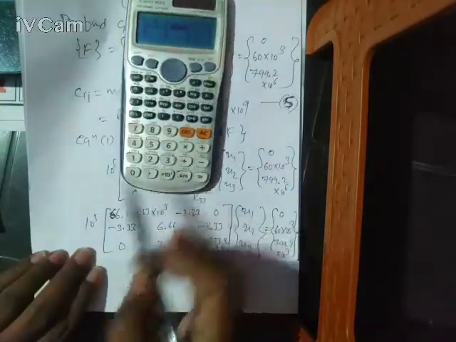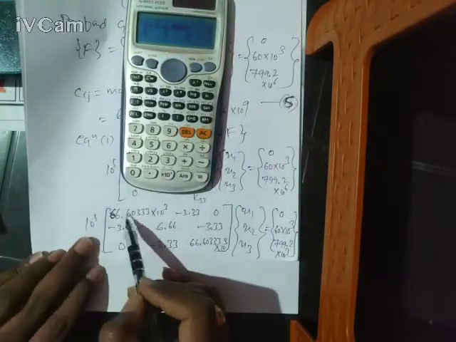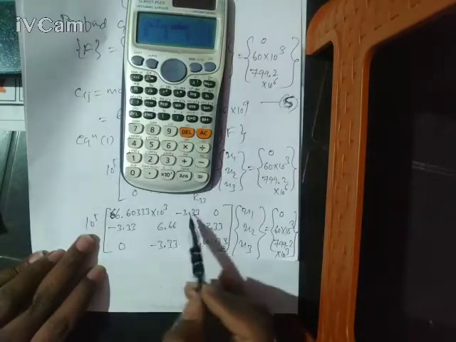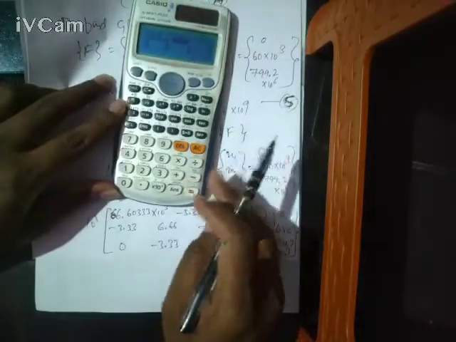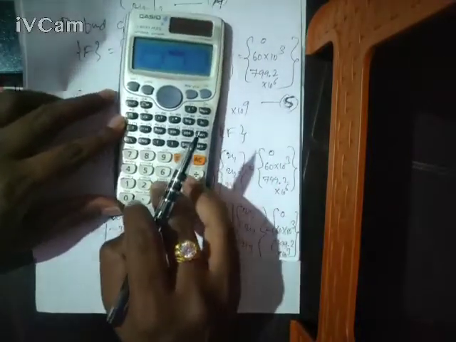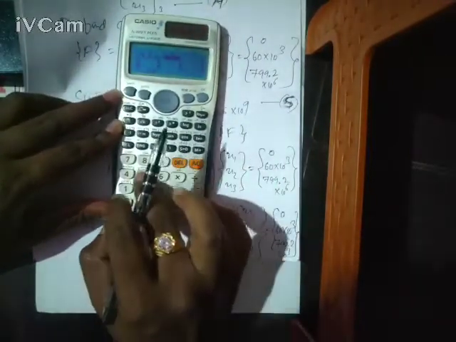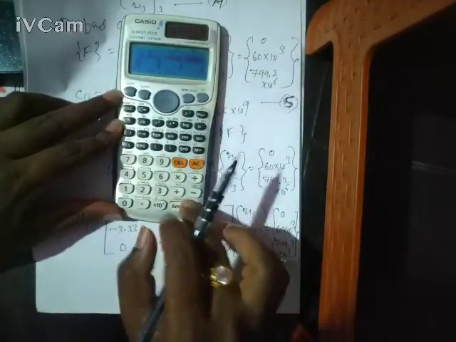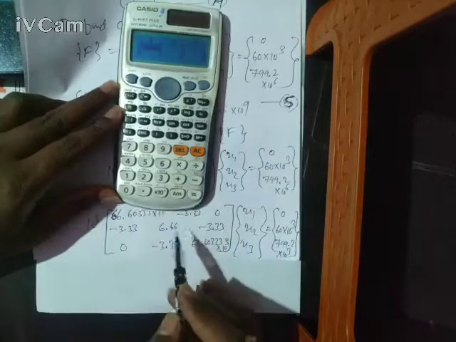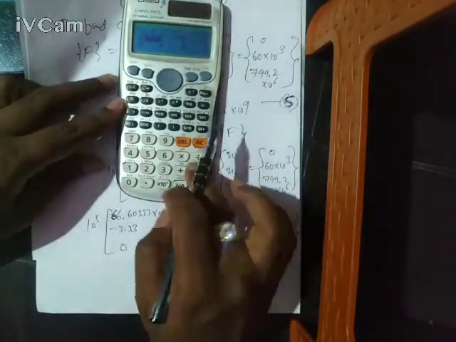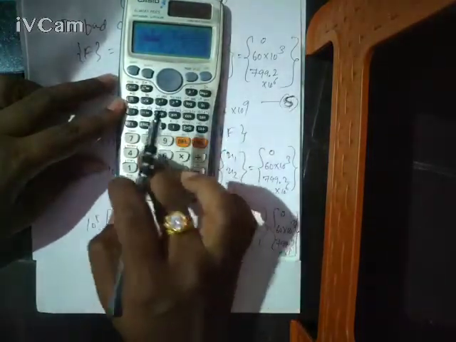While entering these values, you should not forget to multiply this 10 to the power 5 to all these individual values. Okay. So next is minus 3.33 into 10 to the power 5. Okay. Next is 0. Again D is also 0. So next is this value, minus 3.33 into 10 to the power 5.